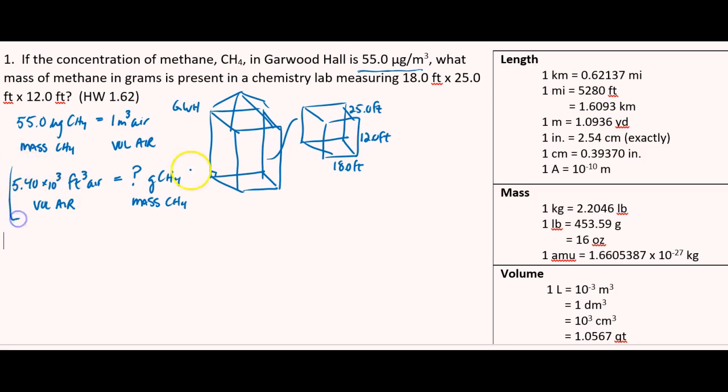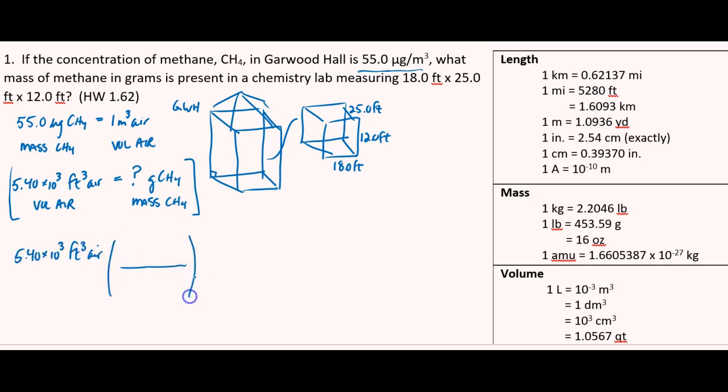This is the conversion that we're asked to do. And it's fine because we have a relationship between volume of air and mass of methane. If we want to use that relationship, though, we've got to convert our units for volume, which is in cubic feet, into cubic meters. So this is where we begin.